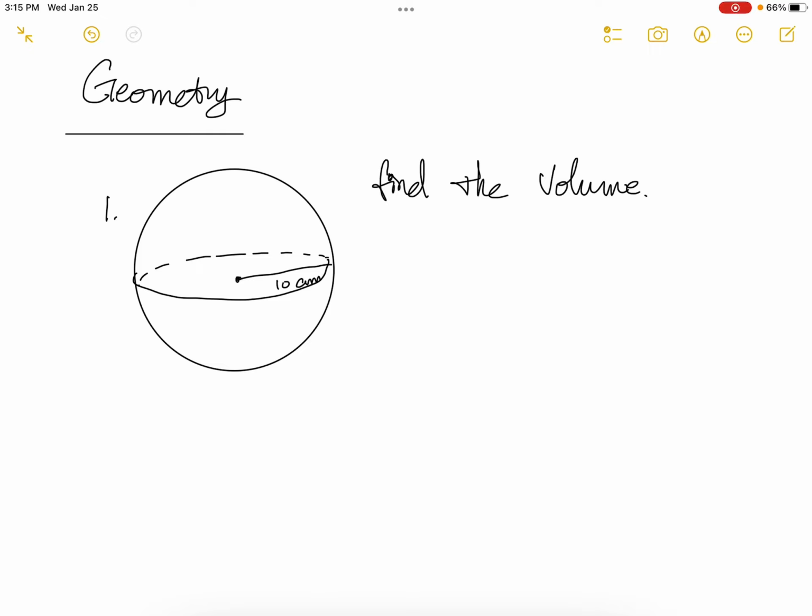So basically, whenever you see a question like this, start from the answer, or start from whatever they're asking you for. So they're asking you to find the volume. So let's write the formula for the volume, which should be 4/3 times pi r cubed.